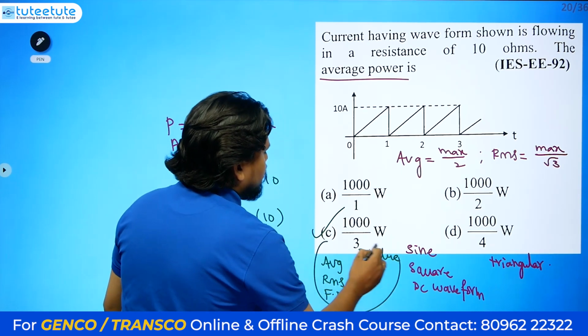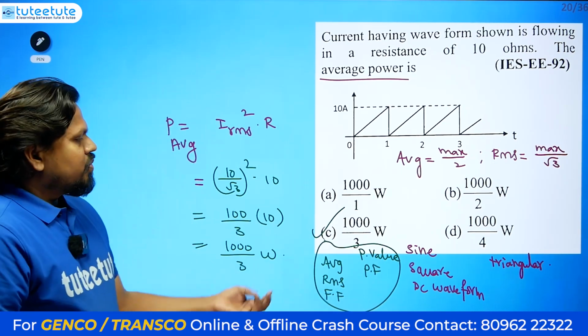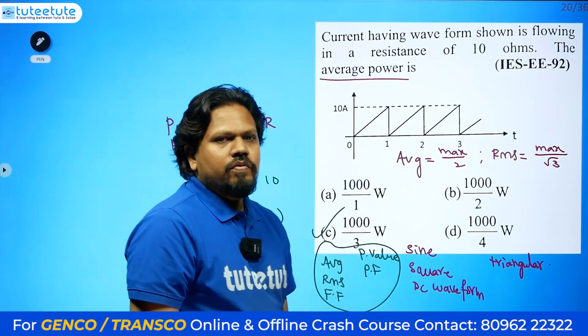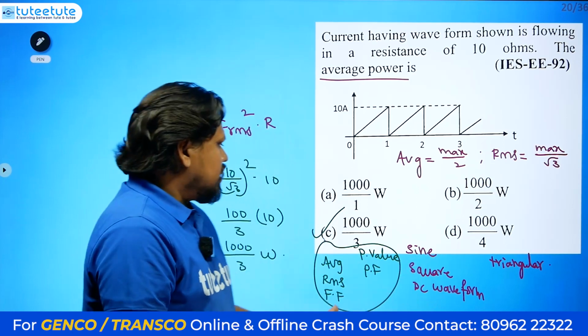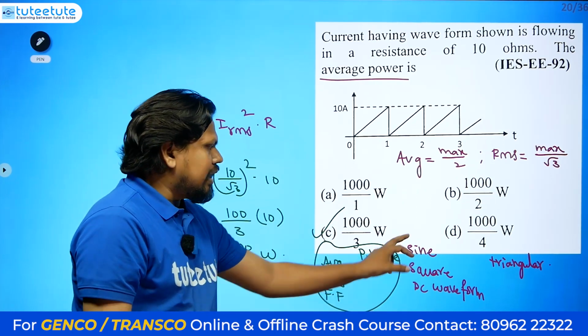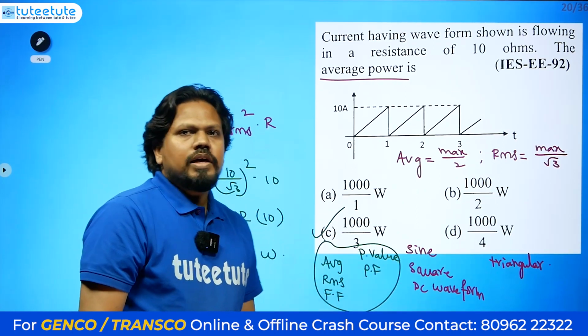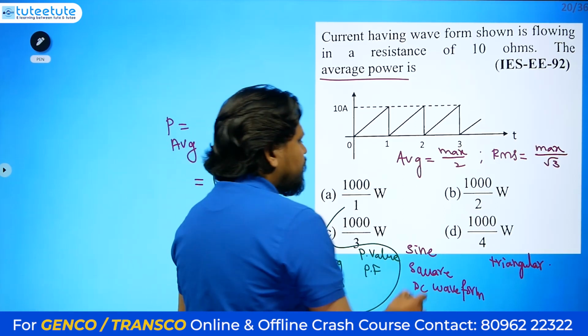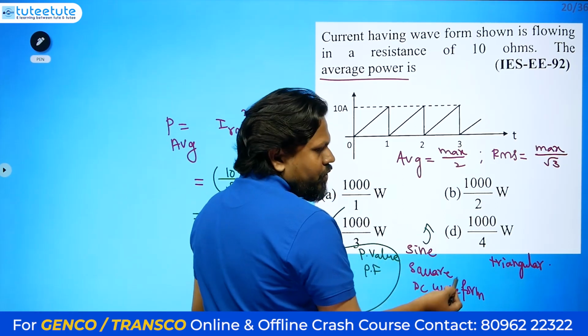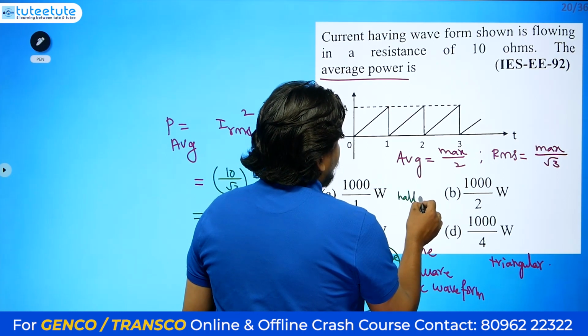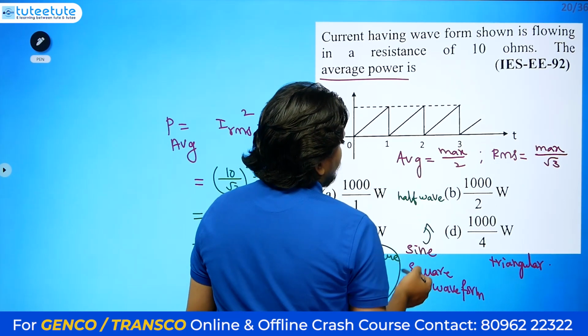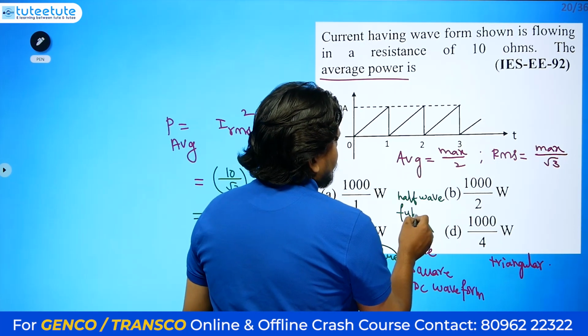If you know about these things, then we can expect mostly this kind of question, because some questions they will give as simple only. That's why, for this model of questions, you should know all these waveforms and their values: sinusoidal waveform normal, half wave rectified waveform and full wave rectified waveform.